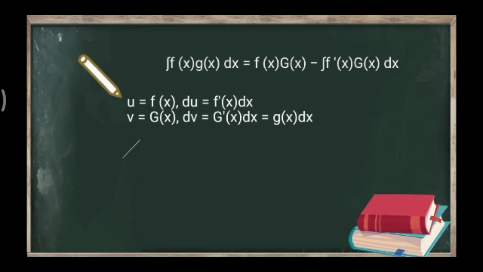This yields the following alternative form for equation number 2: integral of u dv equals uv minus integral of v du.